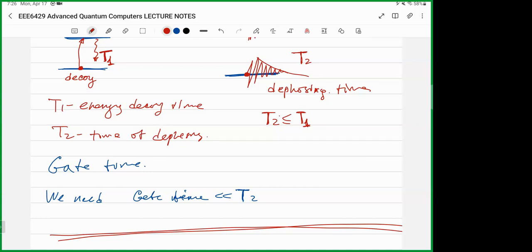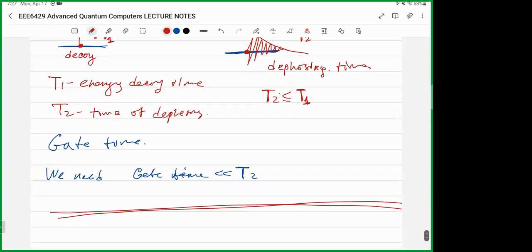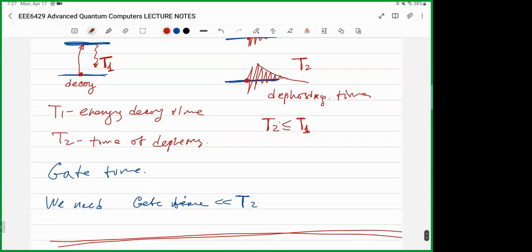So your T2 is limited or restricted by some internal processes like Cooper pair breaking, maybe noise, thermal noise, many factors there. So that's why we care more about dephasing time. But T1 is also important, of course.